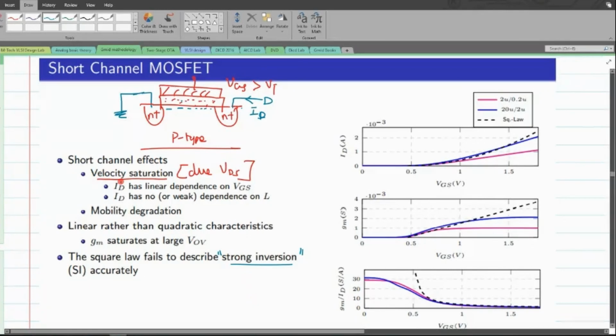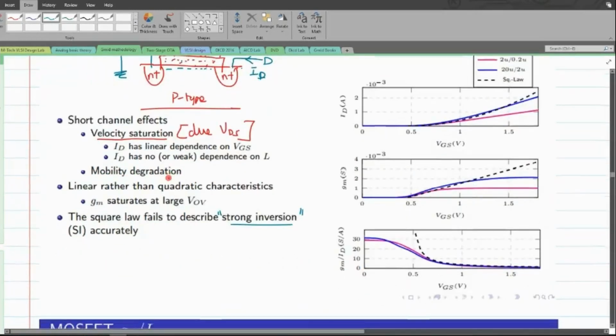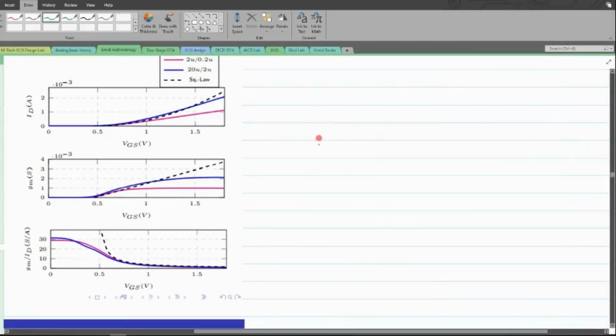Whenever we deal with shorter channels, one of the most important secondary effects that plays a major role is this velocity saturation effect. Let me spend some time to talk about this. What do we mean by velocity saturation effect? It can be related to the drift velocity and the electric field. Let me write this as V, which talks about the drift velocity towards the y-axis.